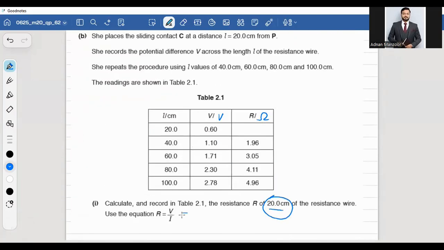So this is 0.6 divided by 0.56, which is 1.0714. So I may write 1.07, as there are three significant figures in this column. I should also write 3.